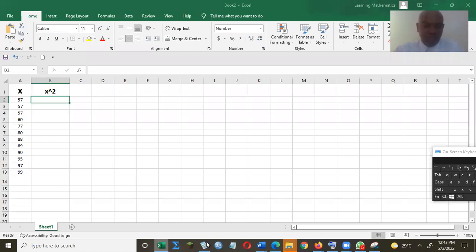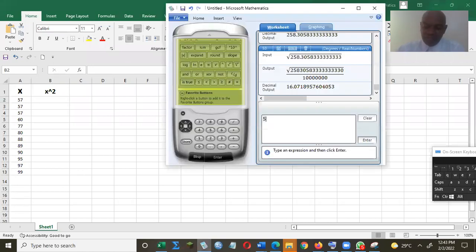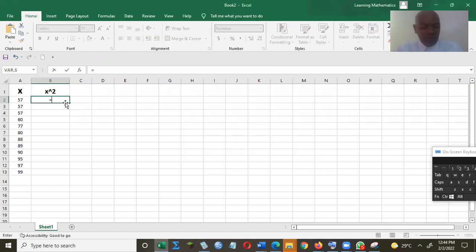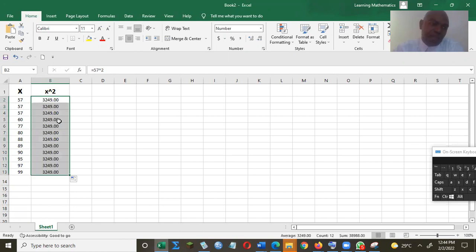In your calculator, you have to do this manually. You say 57 times 57 equals 342.49, and then 60 times 60 equals, and so on. But you have Excel, so you just type equal 57 raised to the power of 2. Enter. But if I type 57 squared and double click the green rectangle, Excel will just repeat 57 squared for me.